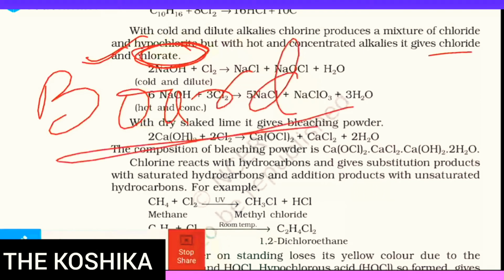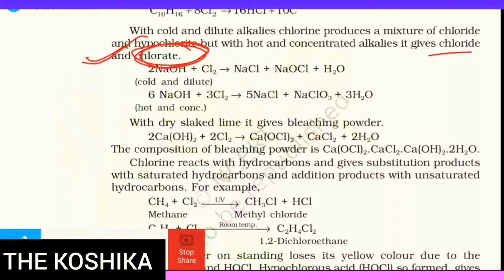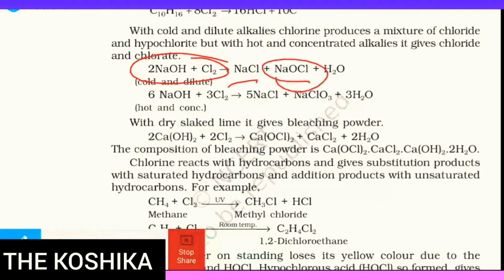Please study this one and remember this one. How the nature is changed with dilute cold and hot concentrated. Examples are here. 2NaOH, that is sodium hydroxide, cold and dilute, when it reacts with chlorine, gives sodium chloride and sodium hypochlorite. So they form hypochlorite.